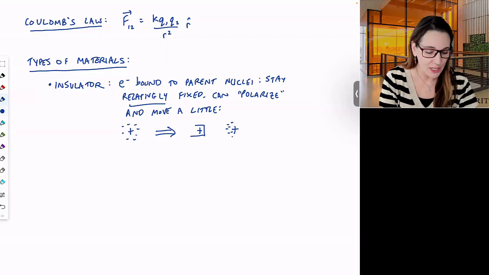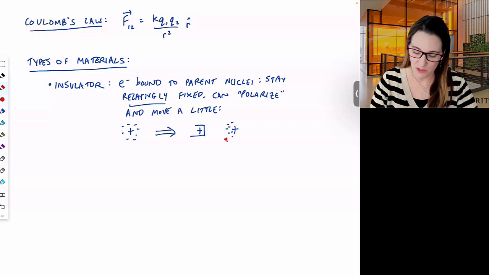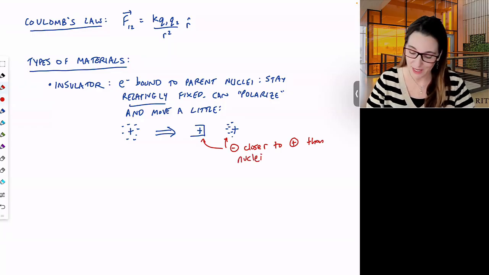And so what you end up with here is that the negatives are still closer to the positive rod than the nuclei, and so we end up with a net attractive force.